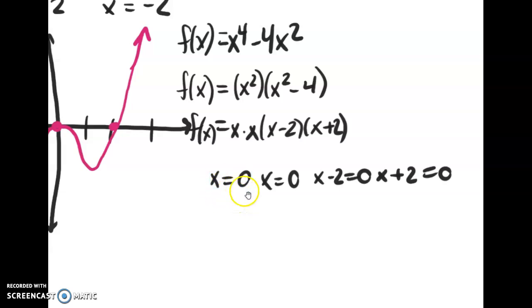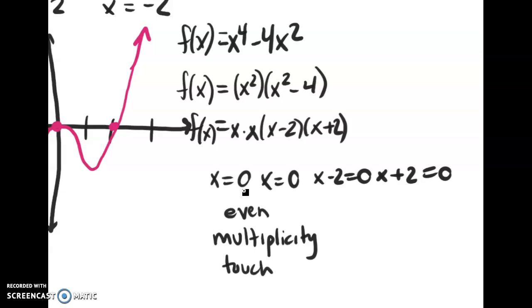So if your root has what's called an even multiplicity, then it's going to touch the x-axis and turn around at that root.